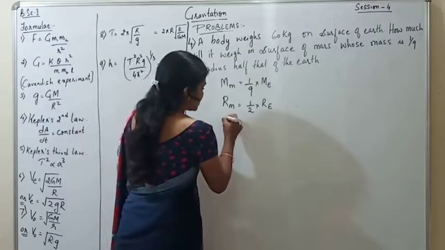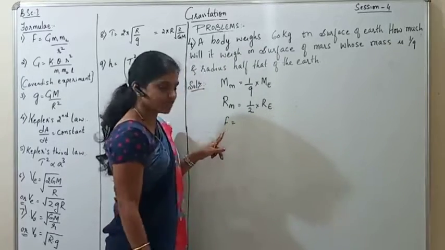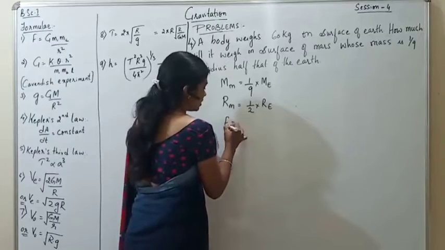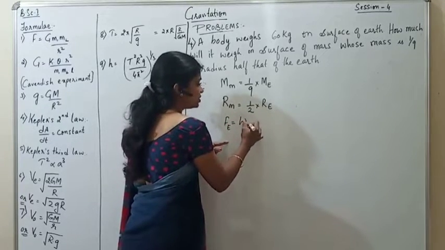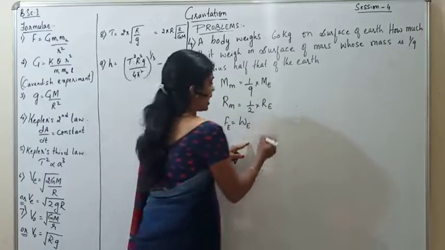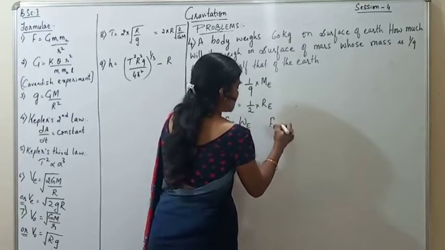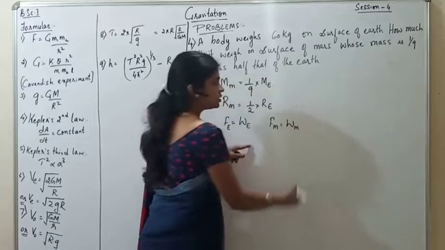So that means this F, the gravitational force on earth, is equal to the weight on the earth, and the force on Mars is equal to the weight on Mars.